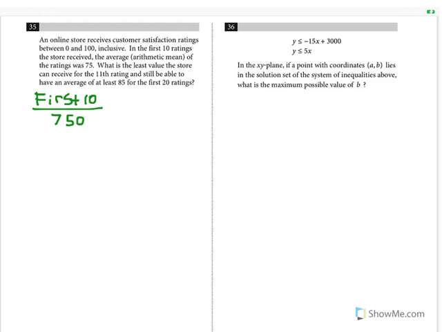All right, so this is a kind of multi-step, multi-layer problem. So the first 10 had to be a total of 750 in order for that average to be 75. Now, if we want 85 for the first 20 ratings, then we need 20 times 85. We need it to be 1,700. All right. Now we need to interpret that. What is the least value the store can receive for the 11th rating?